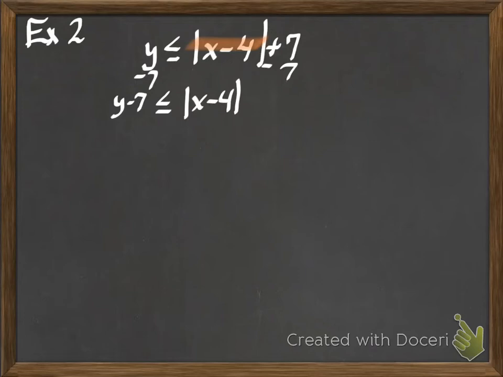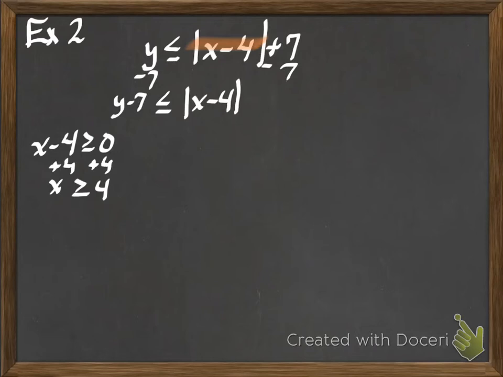So the first scenario is when the inside of the absolute value is greater than or equal to 0. We're going to solve that just like we did on the previous page. So add 4, and so x is greater than or equal to 4.